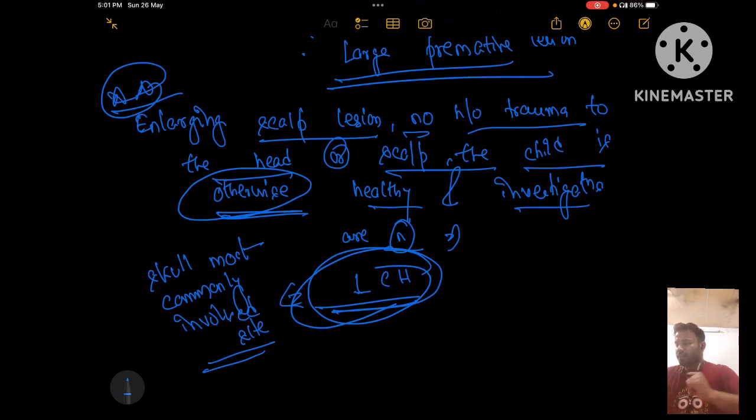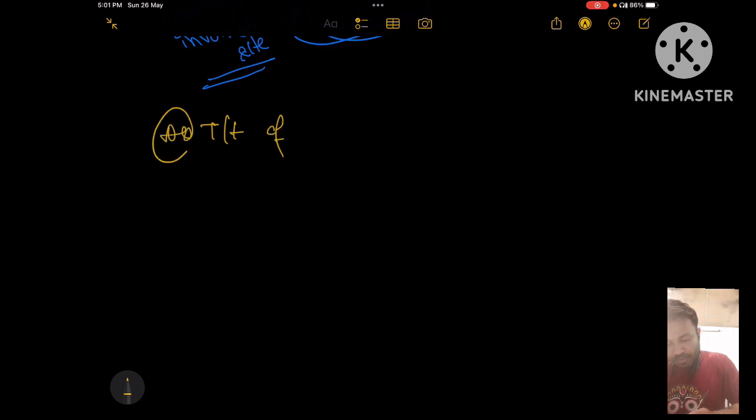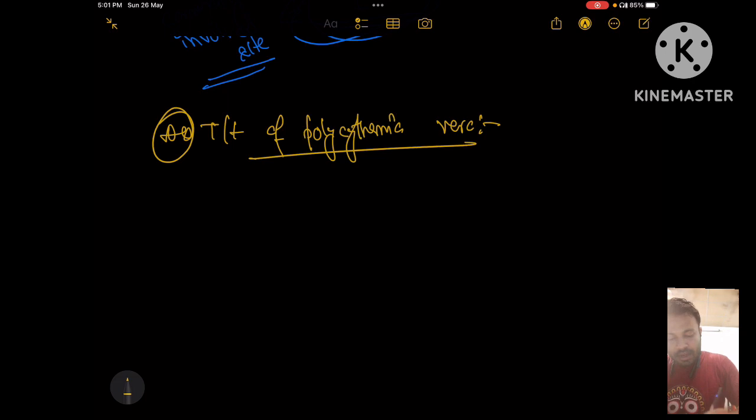And we have missed one or two MCQs previously. First, treatment of polycythemia vera. What is the treatment of polycythemia vera? Rituximab.